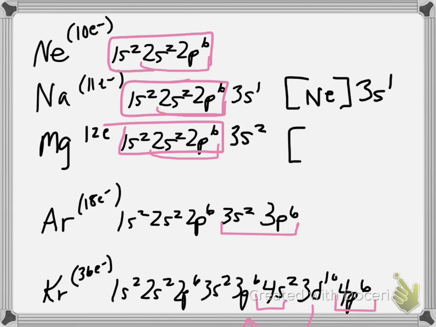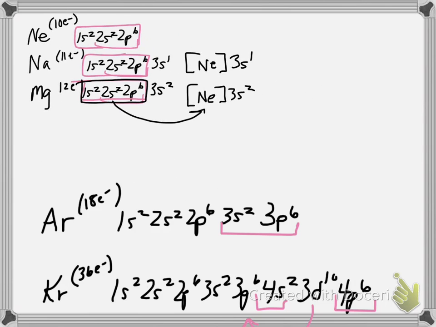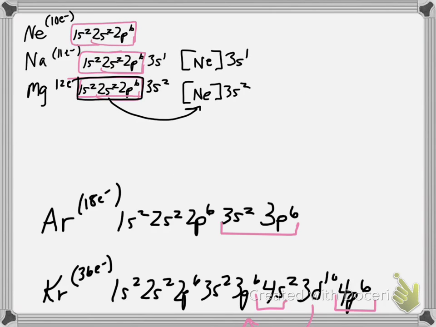We could write here everything that neon has plus 3s2, because we're abbreviating all of this by saying it's just like neon. That's a time saver. So now, this is actually called the noble gas notation because we're abbreviating a chunk of the electron configuration using the configuration of the noble gas that comes before that element.